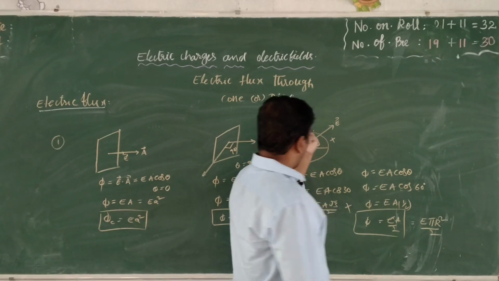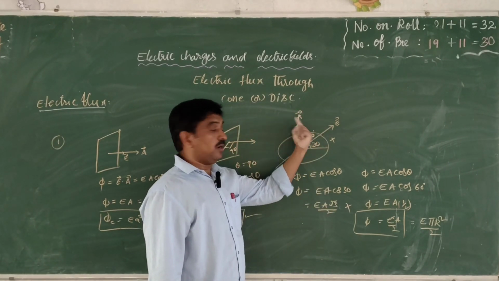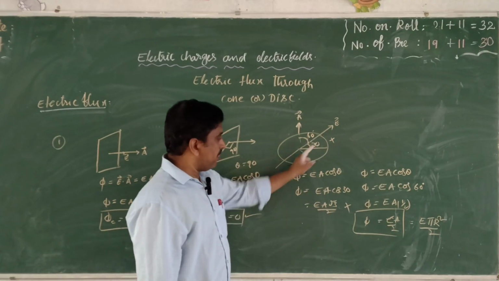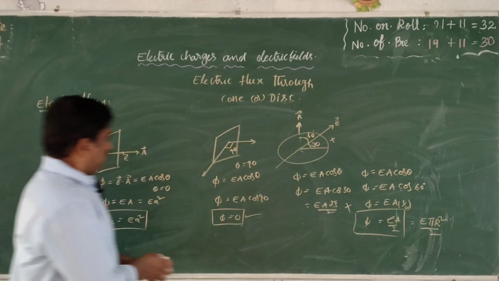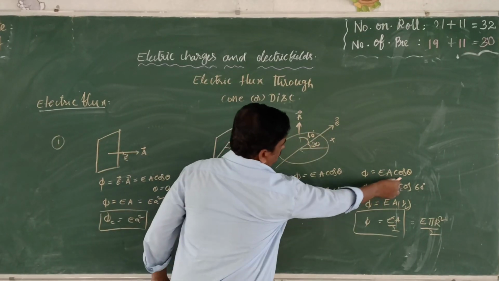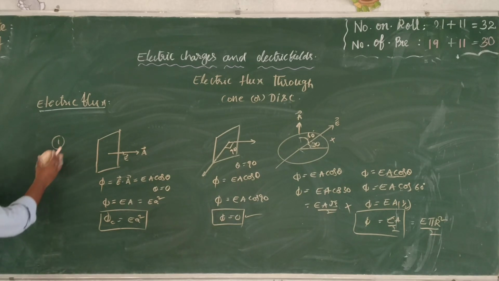When making an angle, we take the angle on the side where the area vector is. So 30 is wrong. Otherwise we could take sine, but since cos is there, we take 60 degrees only. Next we can discuss.